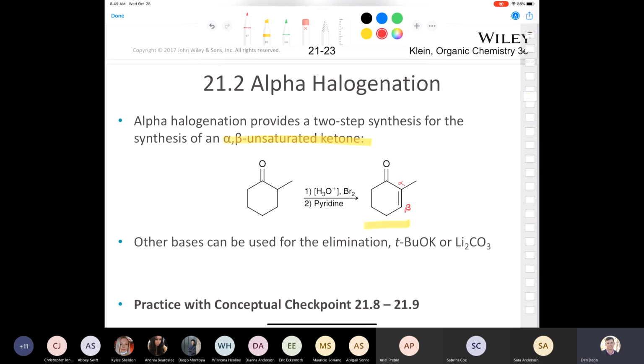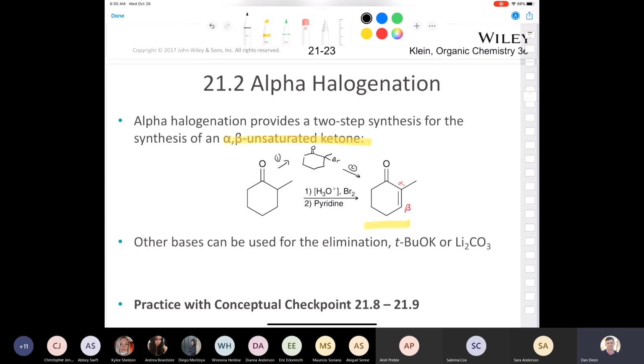Okay, so you end up forming, there's not a lot of space here, but in the first step, you end up forming this compound, which we already looked at. Okay, you end up with the alpha bromo ketone like that, and then in the second step, you treat it with a base like pyridine, and then you get an elimination reaction to form the alpha beta unsaturated ketone.